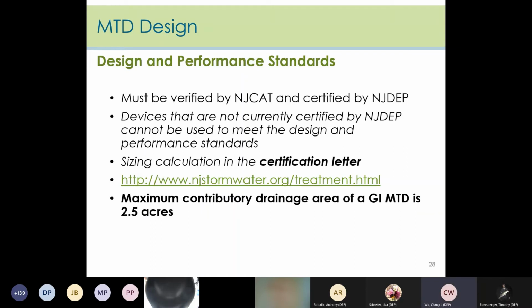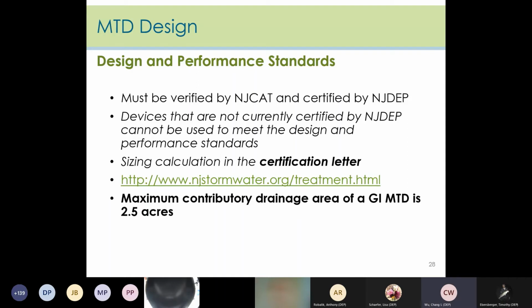He has already mentioned that an MTD that you want to use for meeting the stormwater quality performance and design standard has to be verified by NJCAD and certified by NJDEP.